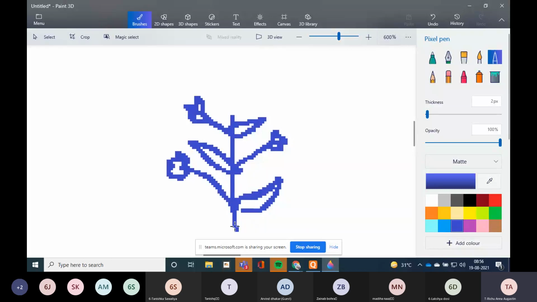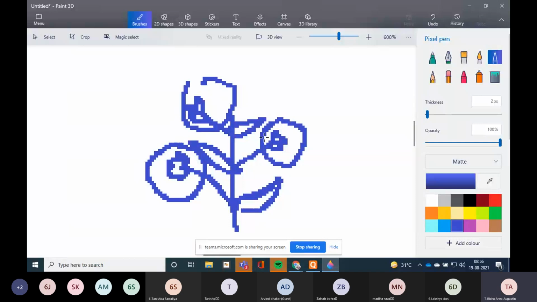Suppose it's a rose plant. These are the roses. Now the pollination will take place either only in this flower, or in this flower, or in this flower. That means the anthers of these flowers will pass the pollen grains to the stigma of these flowers. So here only the pollination is taking place, within the flowers of one plant.